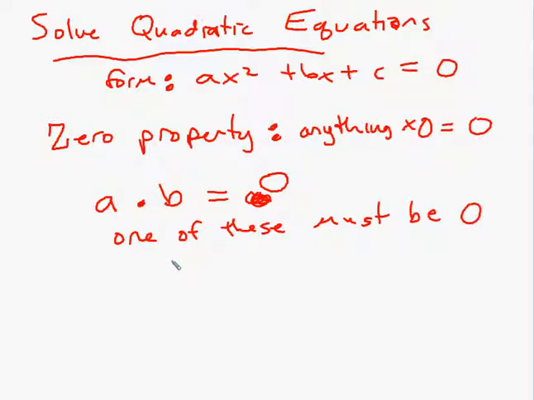One of those would have to be 0. So my answer would be a equals 0 or b equals 0. One of those would have to be true, or both of them. 0 times 0 is 0. So we're going to use that to solve.